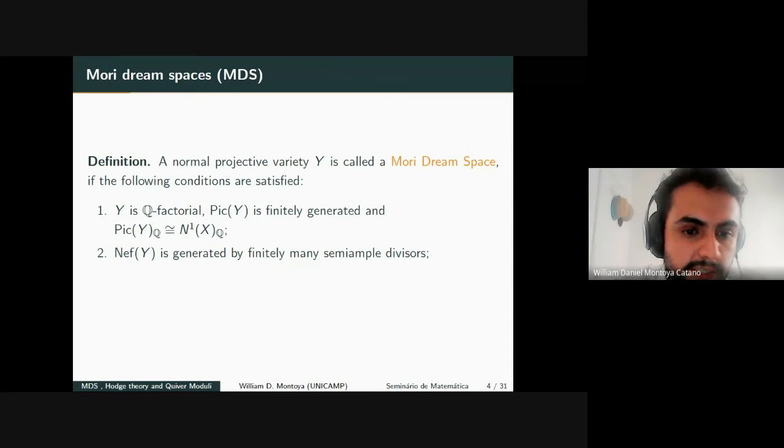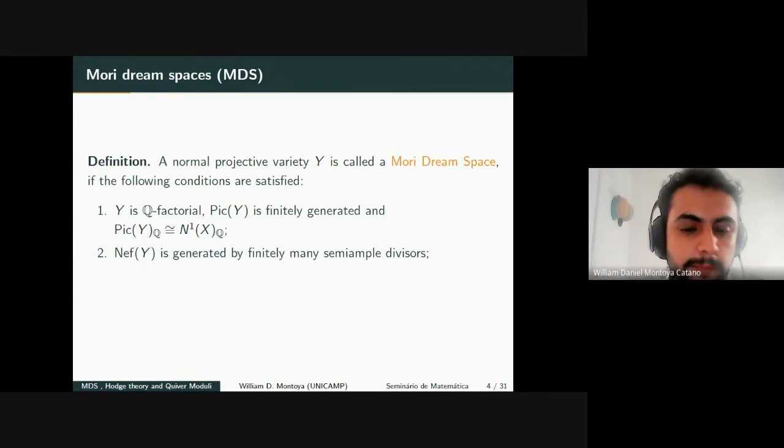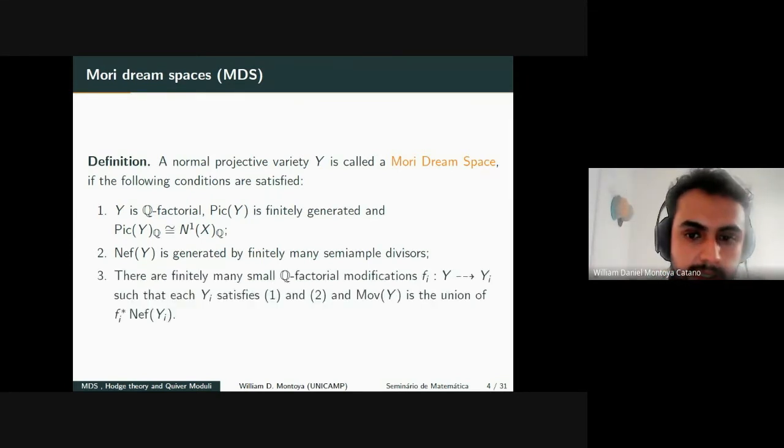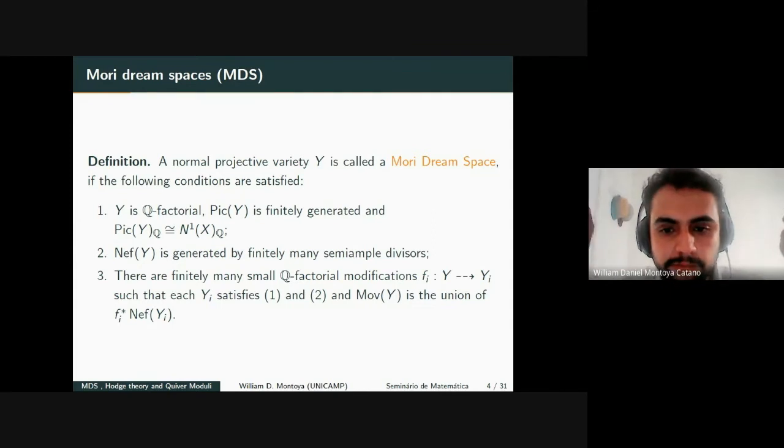Okay, you ask that the ones that intersect positively also be finitely generated for semi-ample divisors. Semi-ample divisors are the ones that allow you to make morphisms, or rational morphisms, from your variety to projective spaces. It's a weaker condition, as the name says, than ampleness. Okay, and this way of doing modifications of your initial variety has to stop at some point: there are only finitely many.